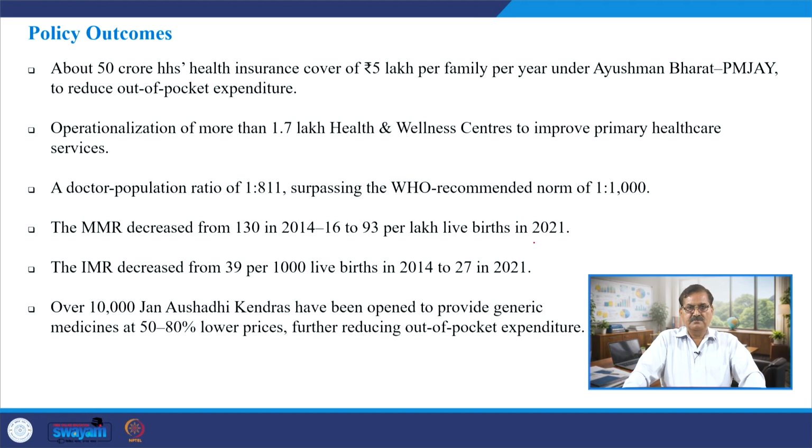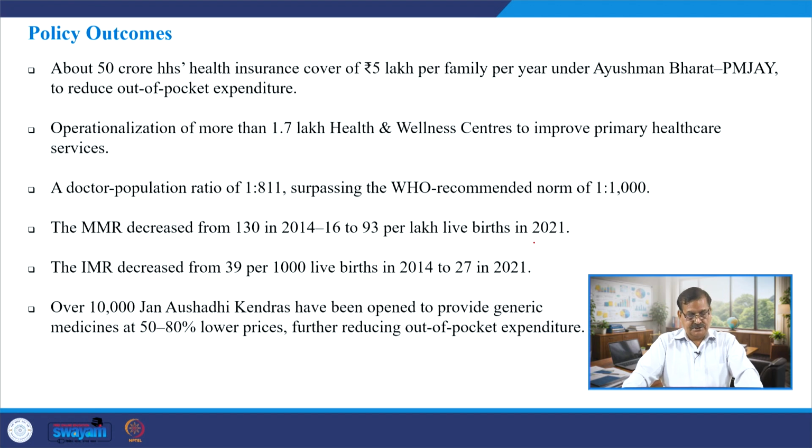Ayushman Bharat is a wonderful scheme because it ensures 5 lakh per family expenditure coverage, and obviously that will have some effect on reducing the out of pocket expenditure of households. Second is operationalization of more than 1.7 lakh health and wellness centers. These centers have been set up, or the primary health centers were upgraded, to improve primary health care services.